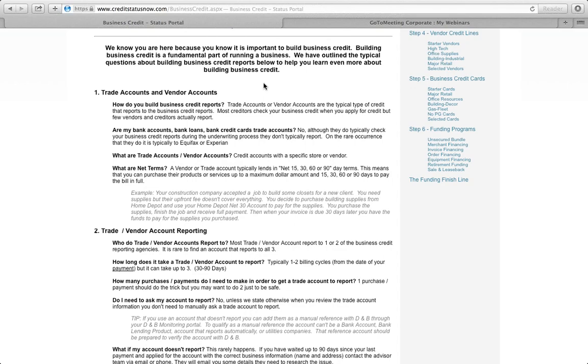What's the difference? Well, as of right now, most business loans, lines, and credit cards don't report to your business credit reports. What's reporting is these trade accounts or vendor accounts. That is not to say that lenders for the business lines, loans, and credit cards aren't checking your business credit. They are.